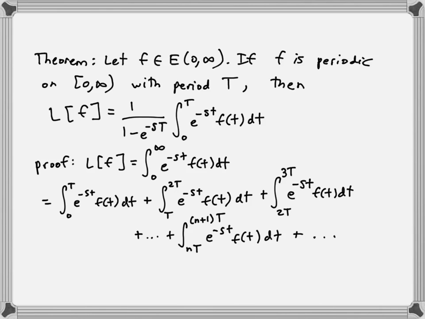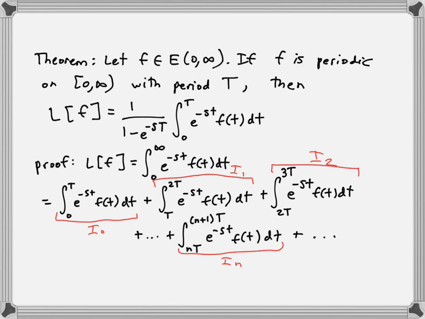So what I want to do is give these each names. I'm going to call this first one I0, this second one I1, this one I2, and this one right here is actually I_n. And so we're adding these all up.